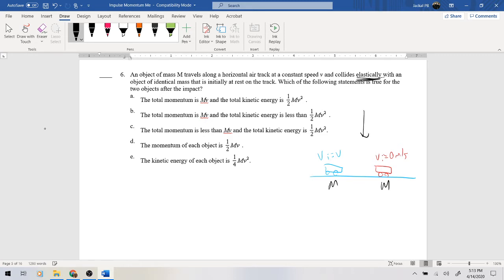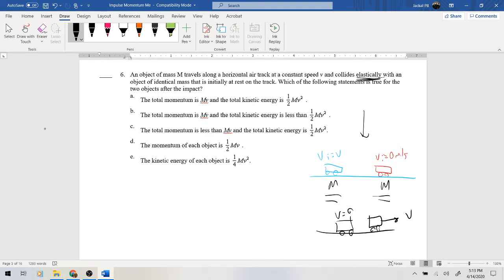Another thing we need to know about elastic collisions: if they have the same mass, they just switch their velocity. What does that mean? After the collision, well, the color is not going to be right, but this one is just going to stop, and the other one is just going to be moving with v.